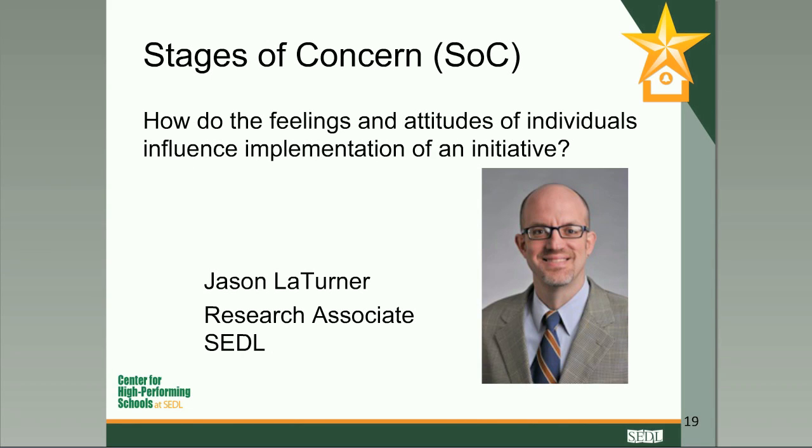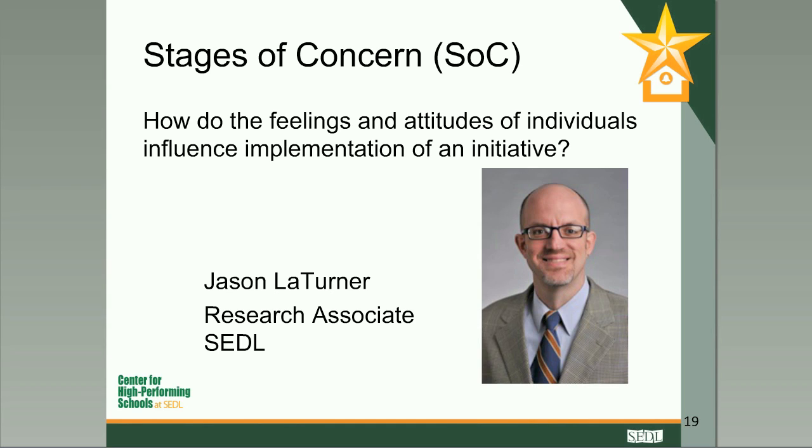Here the key question, as you can see, is after we've defined what the innovation is using the Innovation Configuration Map process, we then really want to start looking at what individuals' feelings and attitudes are relative to the implementation of that initiative.